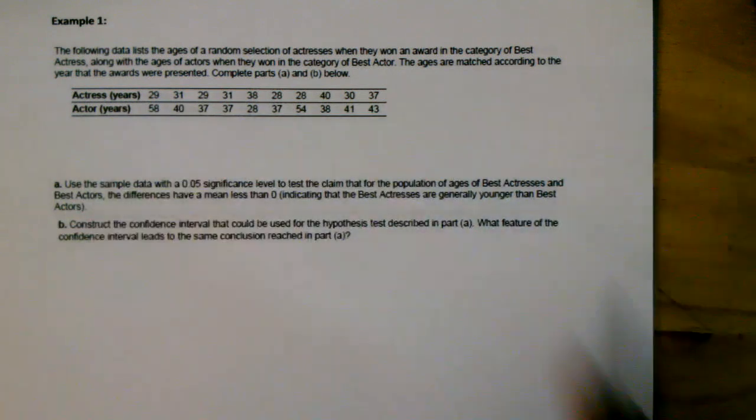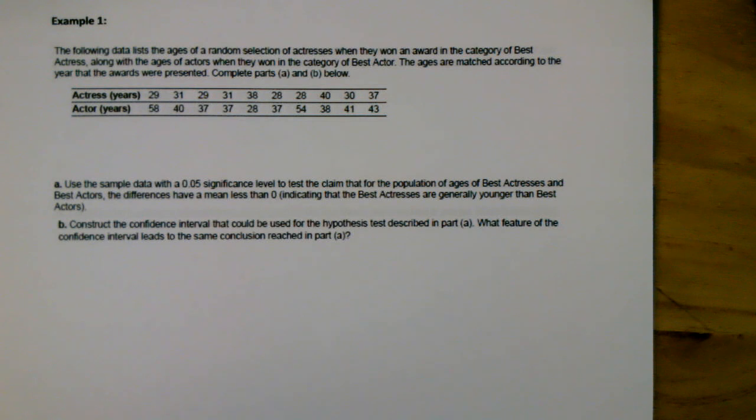So here's that table that you see for actress and actor in years. And they're matched together based on the year that the awards were presented. Now in part A, we're going to use the sample data with a 0.05 significance level to test the claim that for the population of ages of best actresses and best actors, the differences have a mean less than 0.